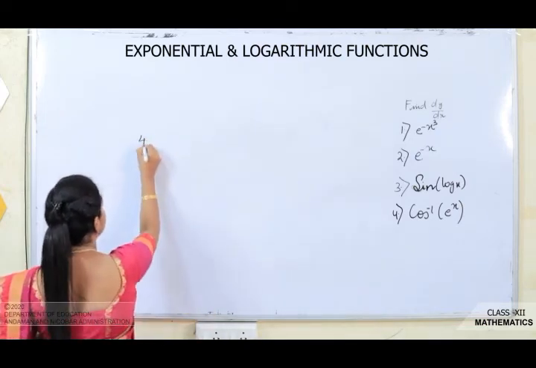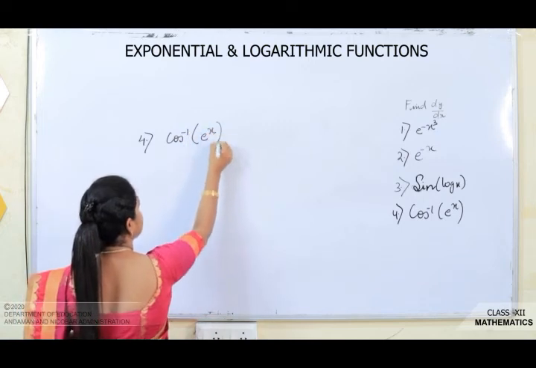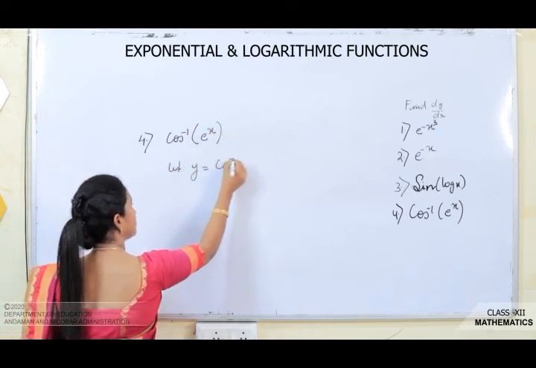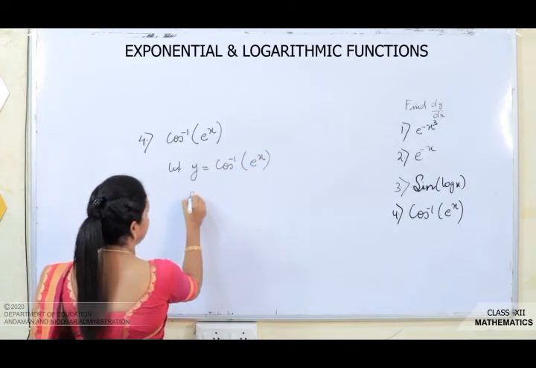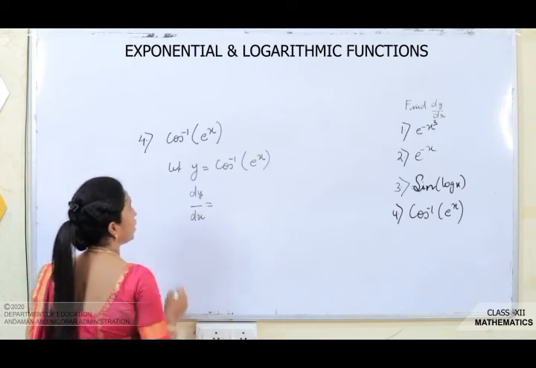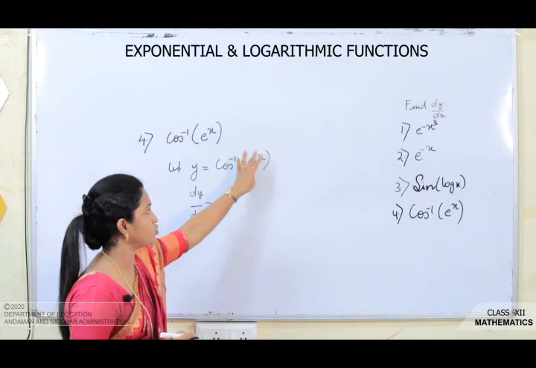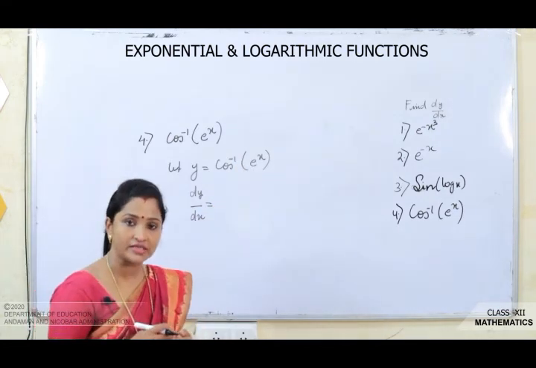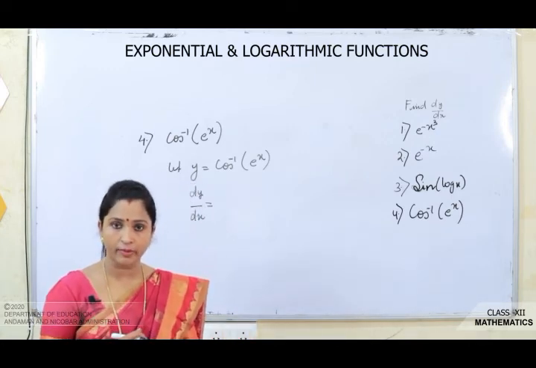Cos inverse e to the power x. So, let y is equal to cos inverse e to the power x. Differentiating with respect to x, cos inverse something, consider it as an alphabet. Correct. What is the differentiation of cos inverse x? In the previous class we have studied the differentiation of inverse trigonometric functions.